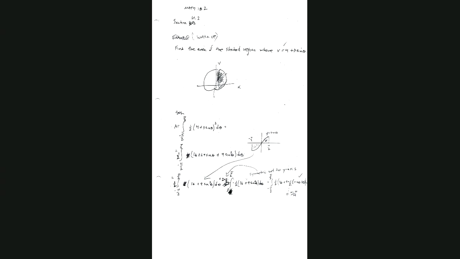So when you do these problems where you're finding areas underneath polar curves, you always want to think about these kind of shortcuts if you can. Notice that we utilized two shortcuts here.